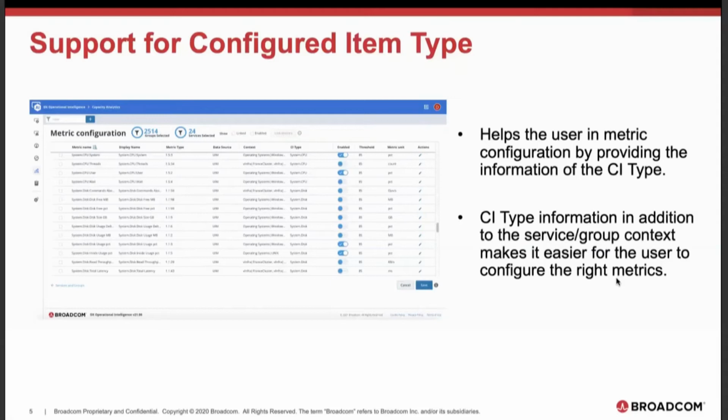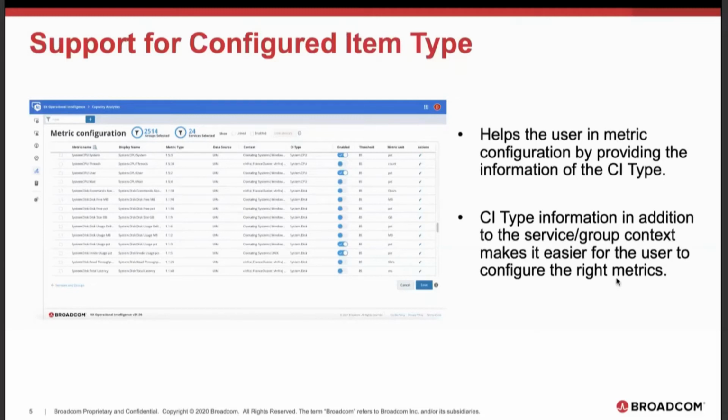These metrics could be collected at a pod level, at a cluster level, at a deployment service level, etc. So the CI type would really help them understand which level, or what type of CI, this metric has been collected for, and it will help them make a more informed decision in doing these configurations, and it makes it easier.